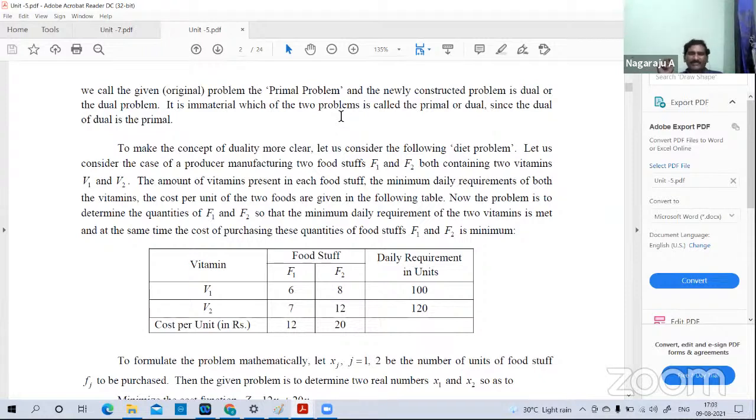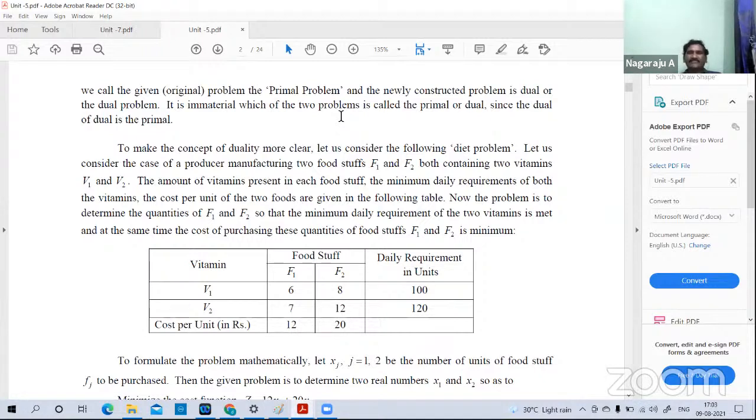From the given table, if you observe, there are two foodstuffs, F1 and F2, and the daily requirements are given in units for vitamin 1 and vitamin 2. Taking vitamin 1 from the food gives some quantity of energy in our body.